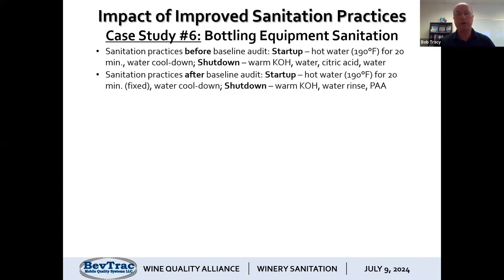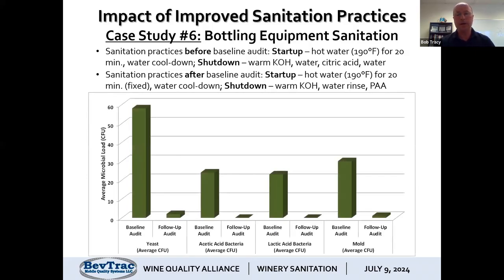After the baseline audit, they continued with hot water for 20 minutes at startup. And then at shutdown, they were using warm potassium hydroxide, a water rinse, and peracetic acid. And again, they had a dramatic decrease in the microbial load after they implemented the effective sanitation practices.